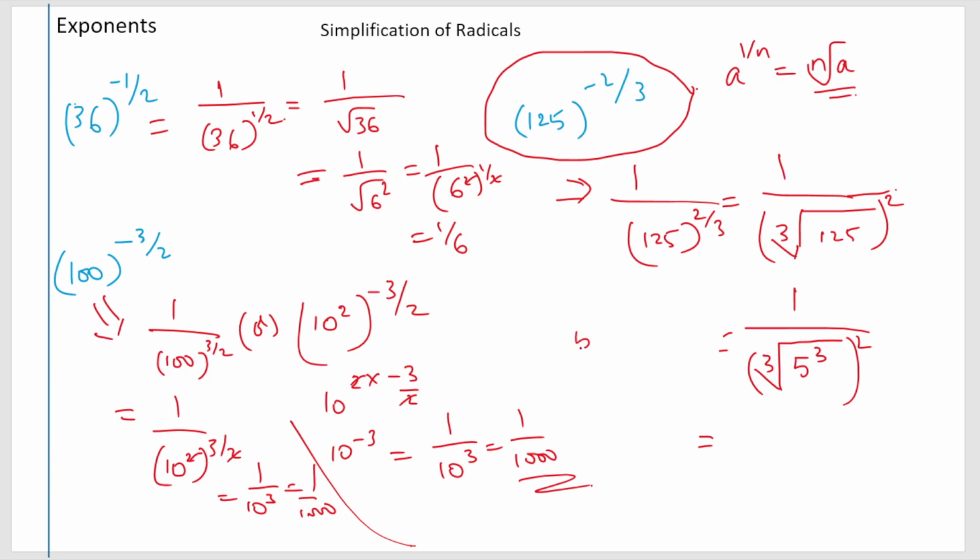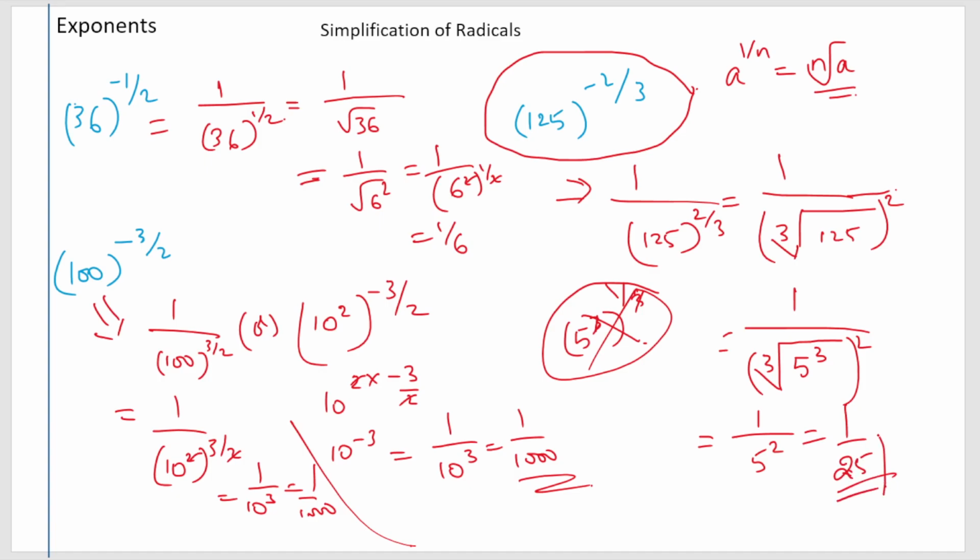How? 5 cube whole power 1 by 3, right? 3 gets cancelled, got it? Okay, so 1 by 5 square, 1 by 25. This is how you simplify the question.